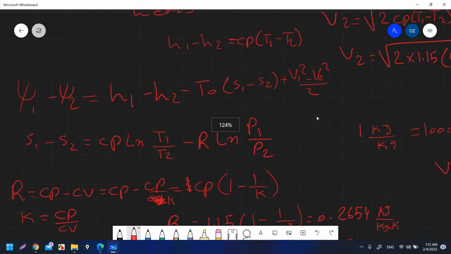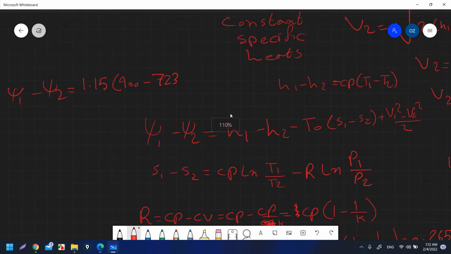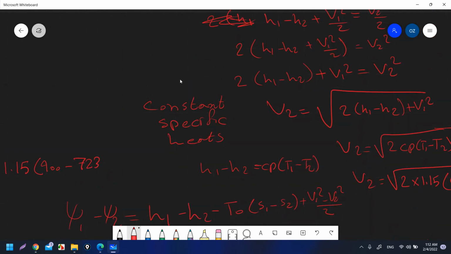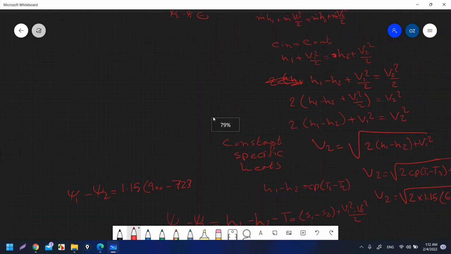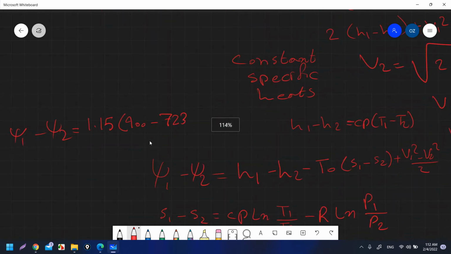So let's substitute in this equation. Psi 1 minus psi 2, exergy flow 1 minus exergy flow 2, is equal to H1 minus H2, which is Cp delta T, so it is 1.15 times T1 is 900, T2 is 723 Kelvin. Kelvin or Celsius? If they are both Kelvin, okay. If they are both Celsius, okay. But don't mix. One is Kelvin, one is Celsius. I put in Kelvin.